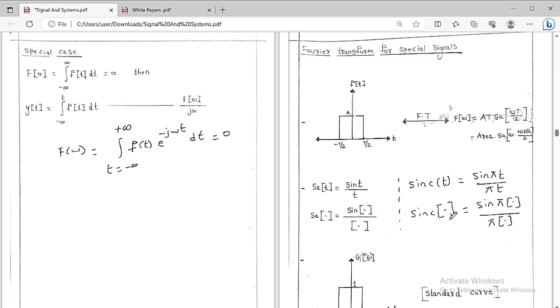Same here also: sinc of any dummy variable is sine of pi times the dummy variable by pi times the dummy variable. So you can say Sa of t is sine t by t, Sa of any dummy variable is sine of the dummy variable by the dummy variable, and sinc of t is sine pi t by pi t. The bracket means a dummy variable; any dummy variable you can keep it here.